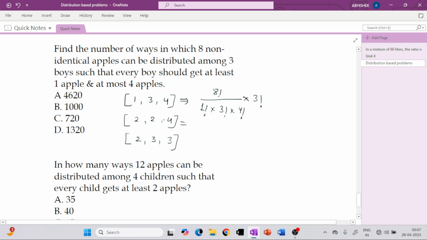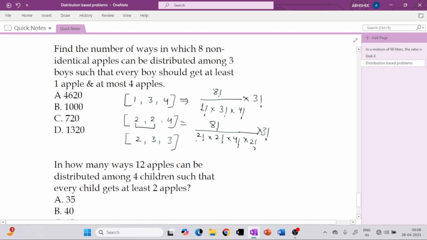Similarly for the second one, again 8 factorial divided by 2 factorial into 2 factorial into 4 factorial, but again divide by 2 factorial. Why? Because two things will look the same. And into 3 factorial.